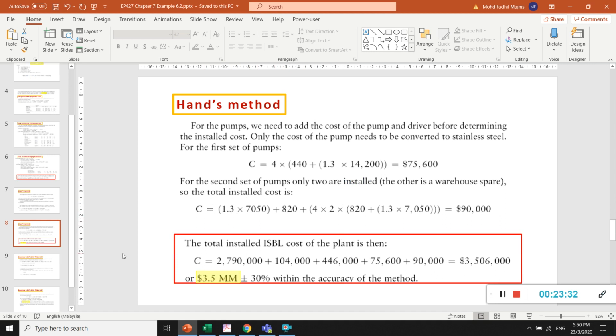So the total installed ISBL cost of the plant is, all these total cost estimations, this is 70,600, 90,000. So this one for the column.